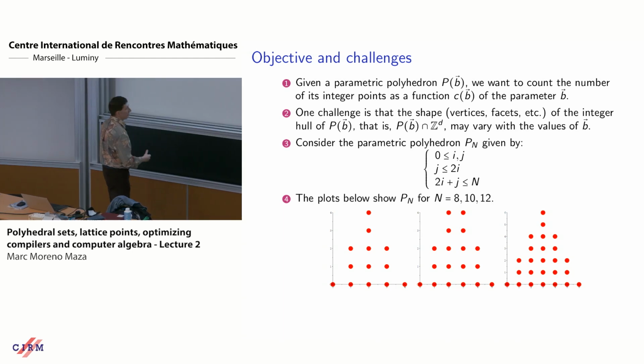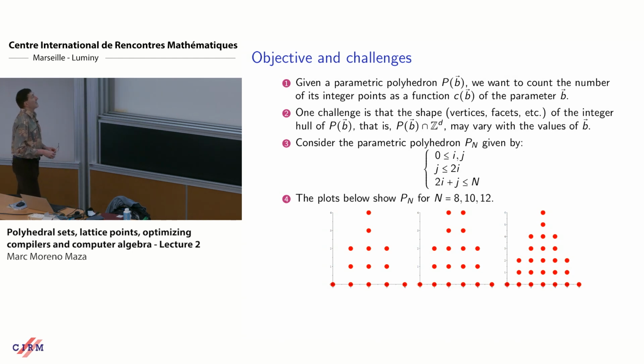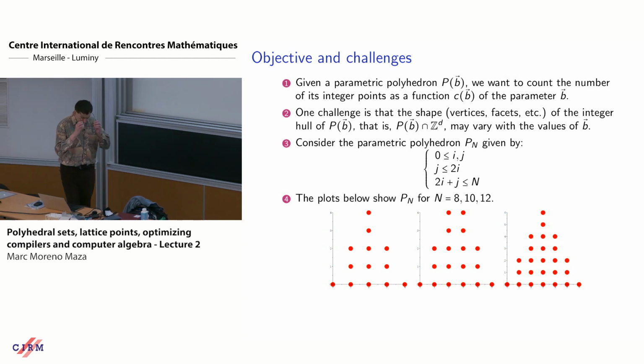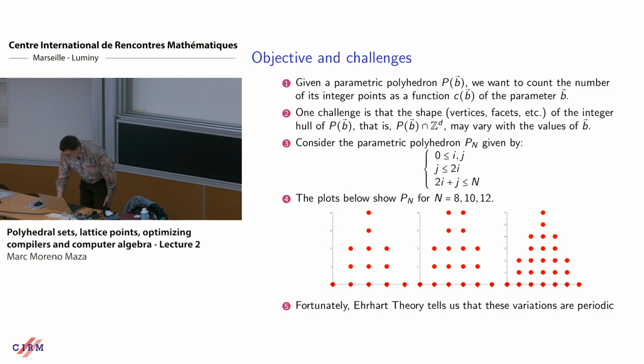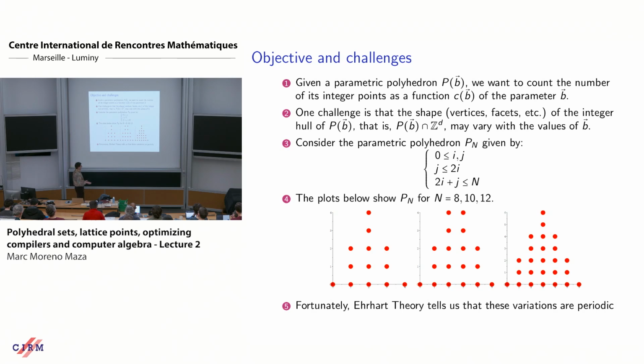So the shape of, let's say, the integer hull is changing. Fortunately, it's changing, but it is periodic. This is what we learned from the theory of Eugène Ehrhart. And so that means that C of B, the number of integer points as a function of our parameter B, is computable as a piecewise function, and this is what we will see in a moment.